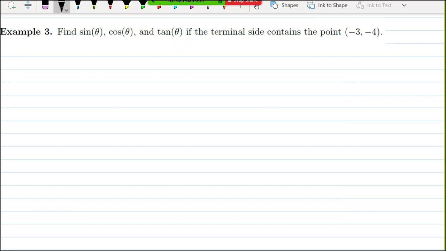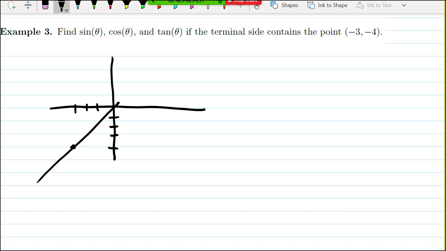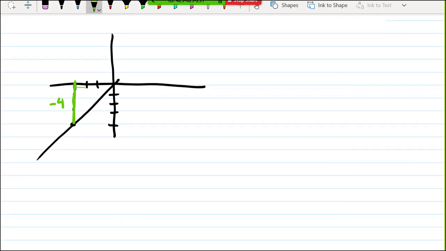If I do a sketch, -3, -4 is going to be down here. So then if I were to make my triangle, this distance is going to be -4, and this distance is going to be -3. And my reference angle is going to be right here.